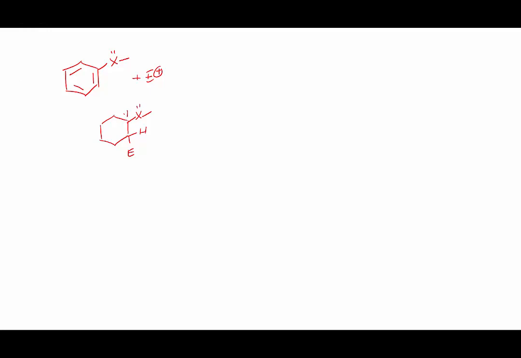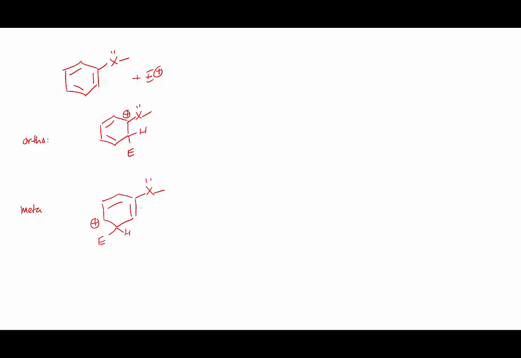If I do that, I'm going to get that as my starting carbocation. I'm going to do it for meta too. So if I add my electrophile to my meta position, it's going to put the plus charge there.